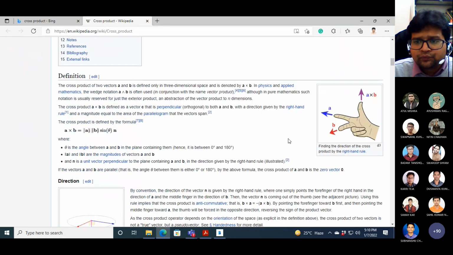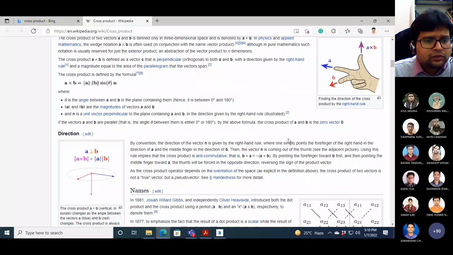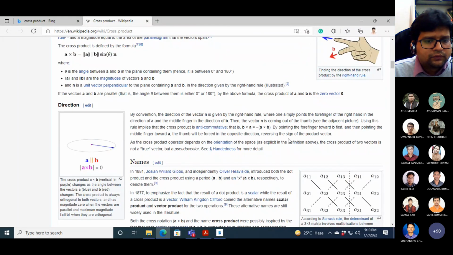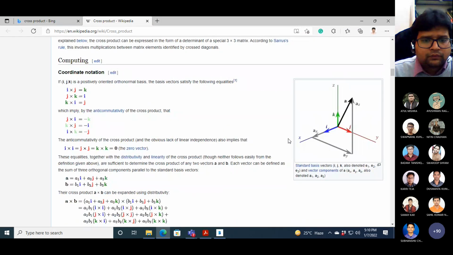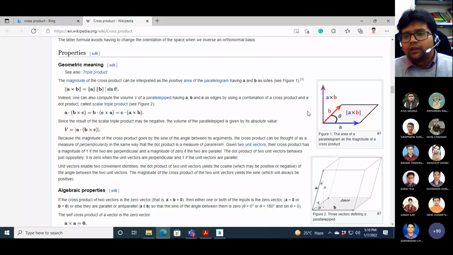Where is it? In this one. Okay, this one. So what does the cross product mean?